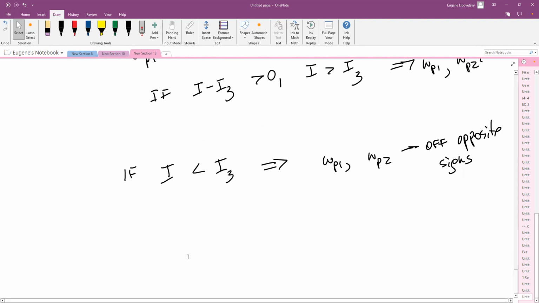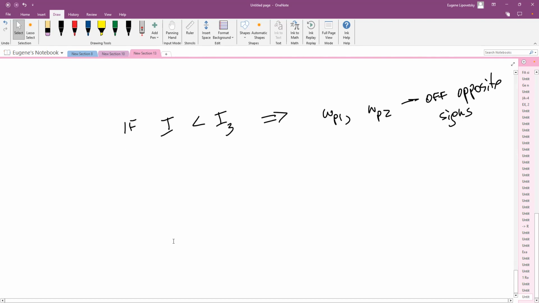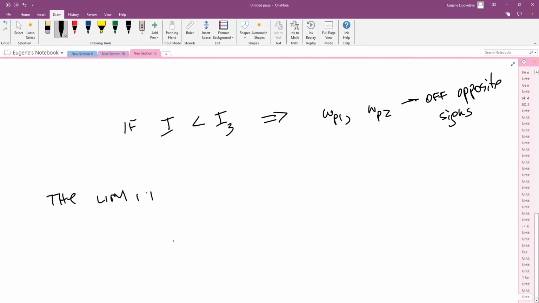Now, the limiting case is what we got in the approximate analysis at the very beginning.